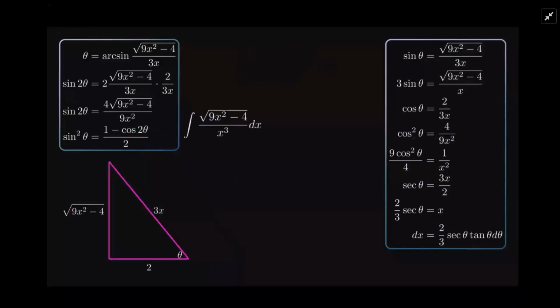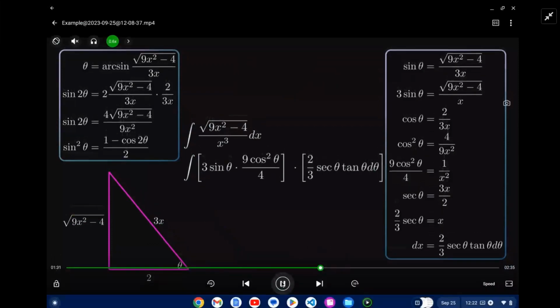So here is the integral. First substitution there. We have to make the fraction, that's the first square bracket. We have 3 sine theta, so that's this piece, times 9 cosine squared theta over 4, that's 1 over x squared.